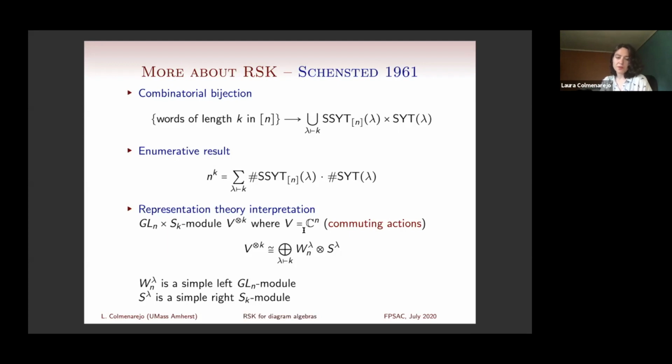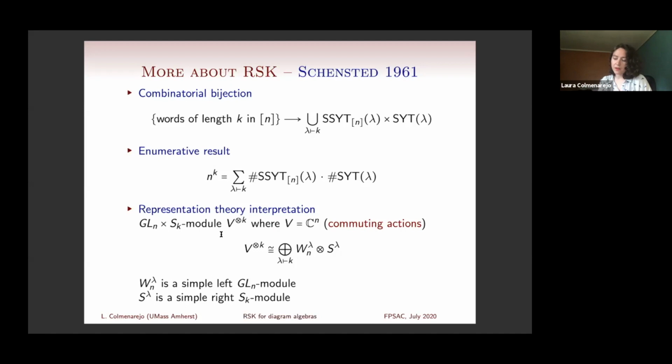So let me show you for this example what the representation theory side looks like. If I consider the vector space C^n, and then I take the tensor product k times with itself, I get (C^n)^{⊗k}. I can consider this as a model in which I have a GL_n action on the left and an S_k action on the right.